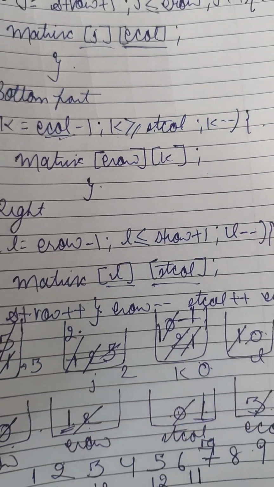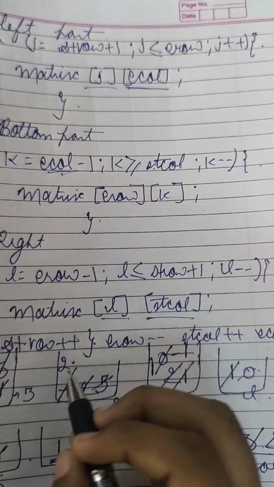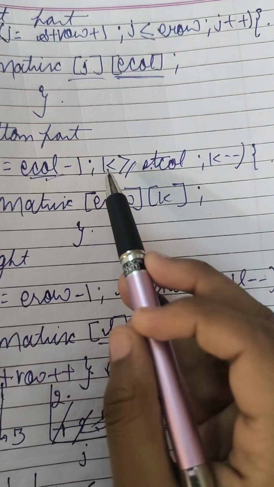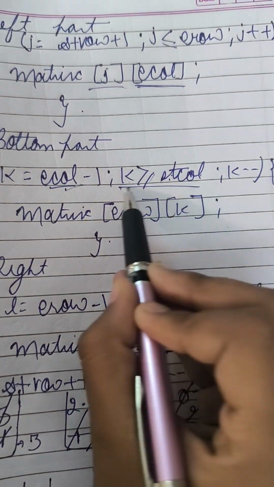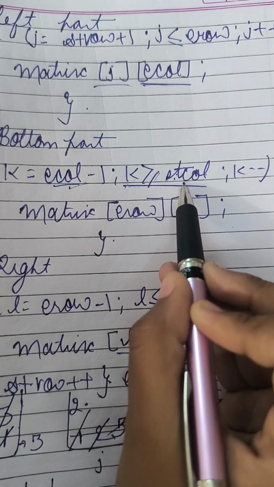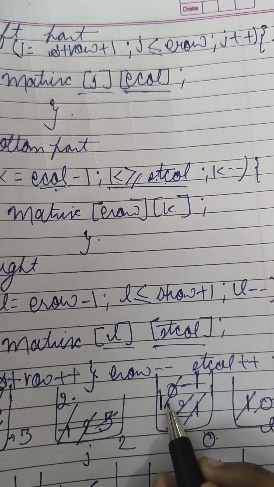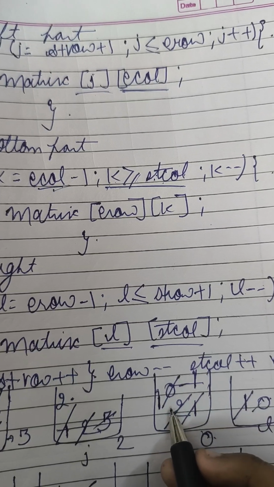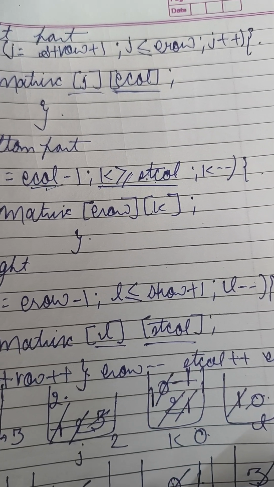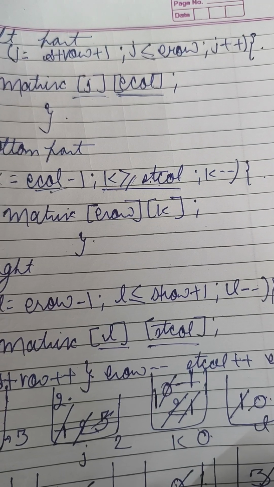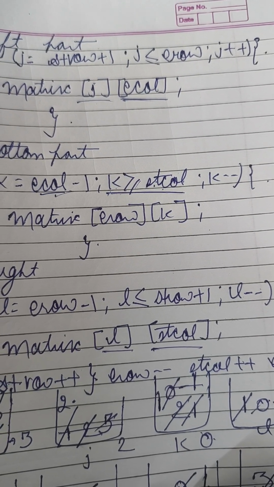Just see over here. This was the only edge case I was talking about, because the condition we have applied is that k should be greater than or equal to starting column. When we changed the starting column to 1, and did k equals end column minus 1, right?